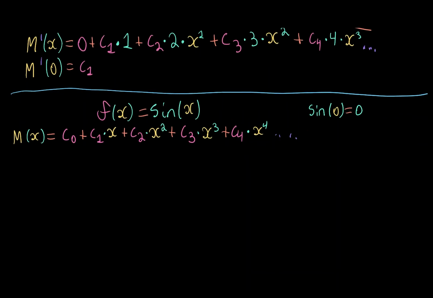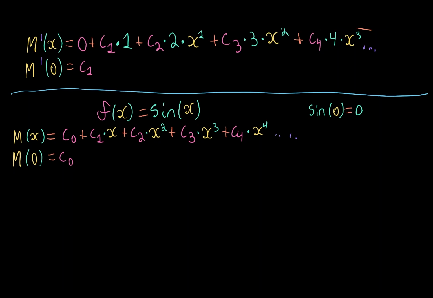Okay, so now we set m of x equal to 0. And that will just leave us with C0, because everything else collapses as we said before. Now we want our 0th derivative to match, so m of 0 is equal to f of 0.